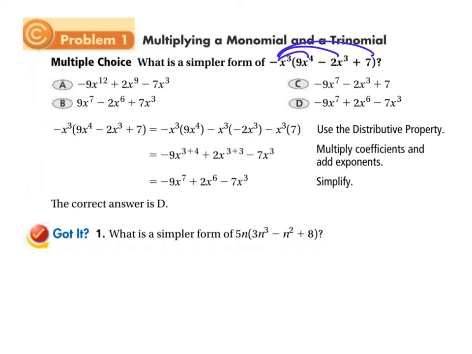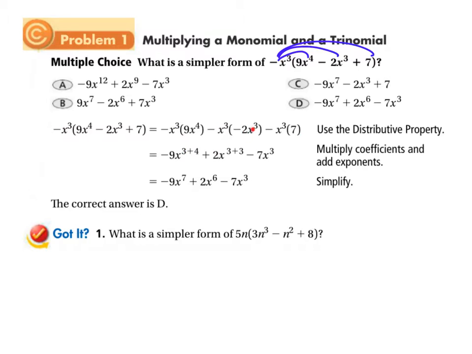Okay, so simplifying them, you get, well, what's x cubed times x to the fourth? Remember, you add the exponents when you're multiplying like that, for a 7. And negative times 9 is negative 9, so negative 9x to the 7th. This negative times negative gives you a positive. The 2 is the coefficient. There's a coefficient of 1 here, really. 1 times 2 is 2.